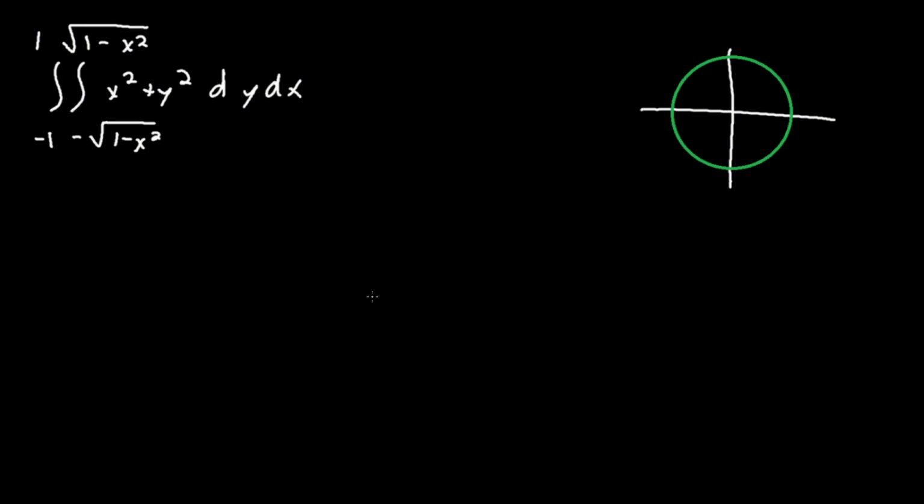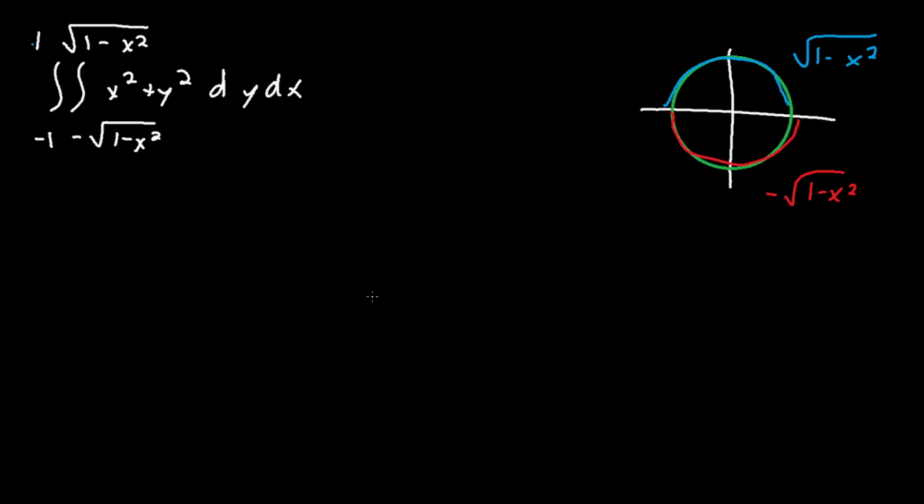This red outline part is just the function -1 minus x squared, and this blue outline part is our function square root of 1 minus x squared. And remember, the top bound of the integral is our top boundary for our region, and the bottom bound for the integral is our bottom boundary for our region when integrating with respect to y.